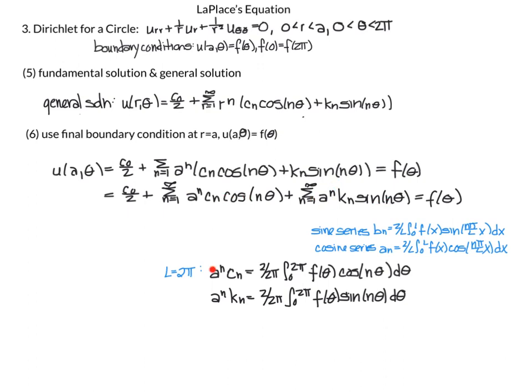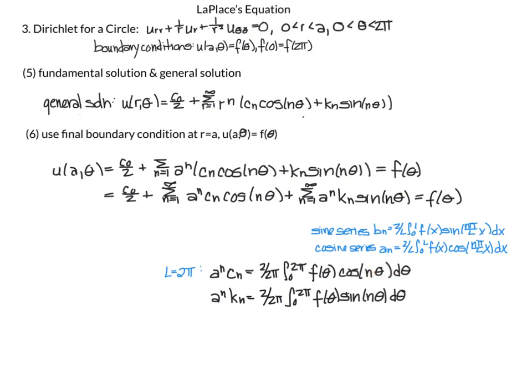So what I have is a to the n c_n, my coefficient. My Fourier cosine coefficient is equal to, by my formula over here, 2 over 2 pi, integral from 0 to 2 pi of f of theta cosine of n theta. In rectangular coordinates this works out as is, but in polar coordinates this part here can just be simplified to n theta.